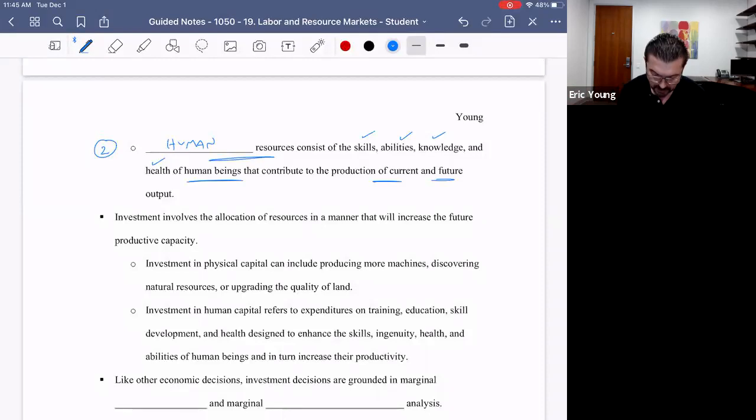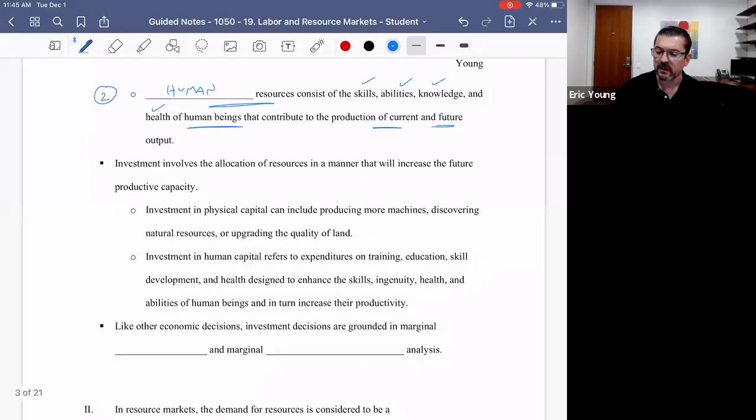Okay, another important part of the context of this is the concept of investment. And we've discussed this term a few times in our economics course. Let's put this term to use in the context of resource markets. You can consider investment at its basic sense to be an allocation of resources.